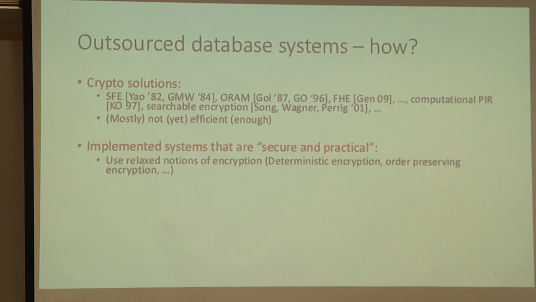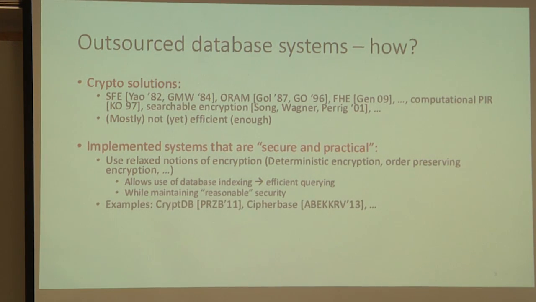In order to do that, they do not use these strong notions of cryptography, but some relaxed ones, like order-preserving encryption. And by using this type of notions, we can query the data very efficiently while maintaining a level of security which is considered to be reasonable. Examples of such systems are CryptDB, Cipherbase, and also on top of that, some systems of Microsoft or Google are built with the same principles.